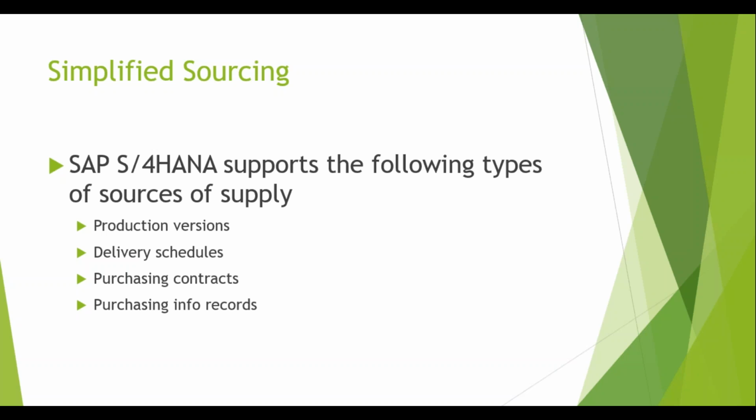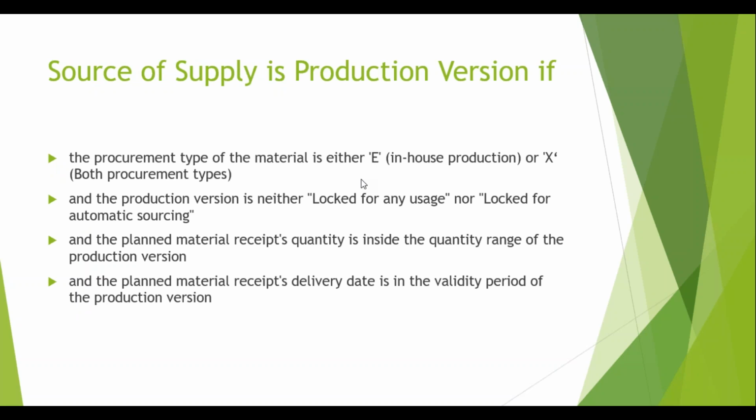Purchasing contracts, if you already entered into a value-based or quantity-based contract with the purchaser, that is a contract. And finally, purchase info record. These are the only 4 valid sources of supply from where your supplier will be identified. But what about the sequence? How the sequence will work here, we'll understand. Let me just proceed.